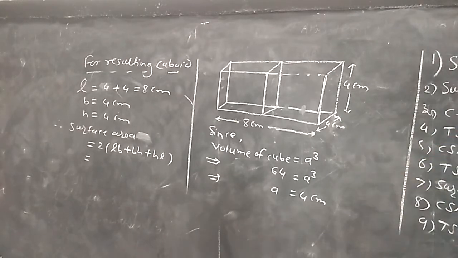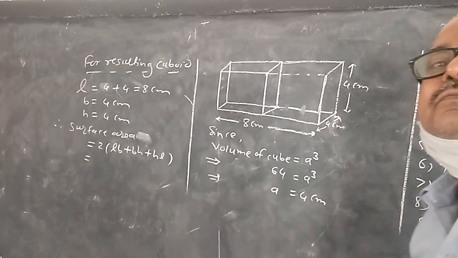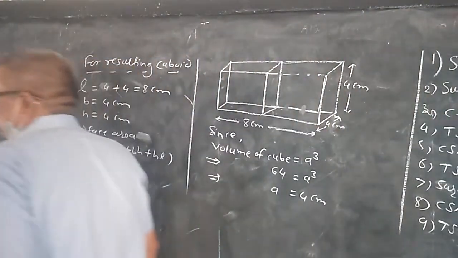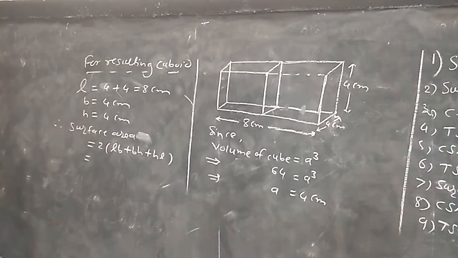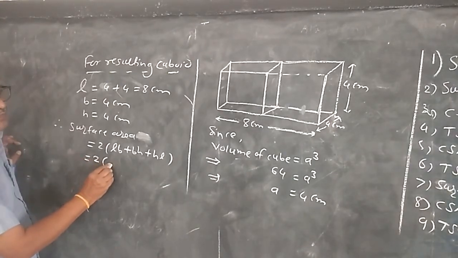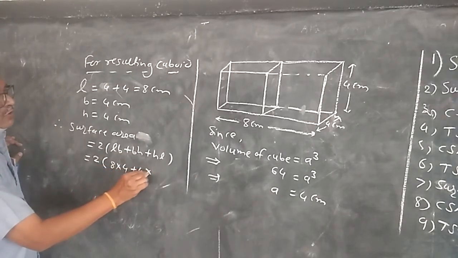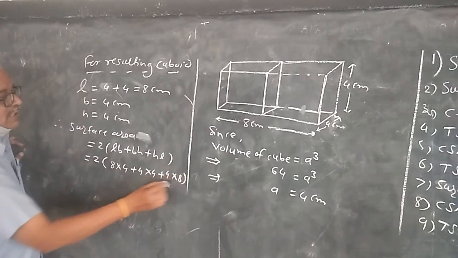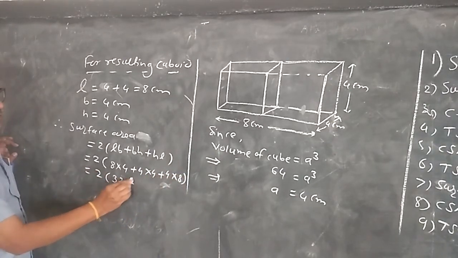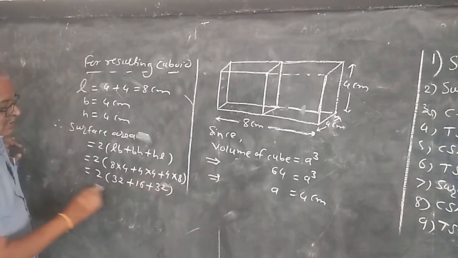Substitute the values, we get surface area. Two into 8 into 4, 4 into 4, 4 into 8, we get 32 plus 16 plus 32.